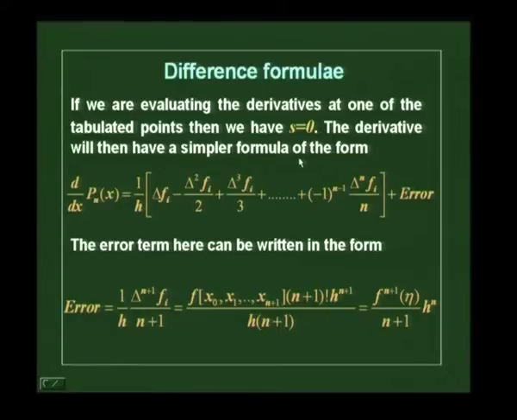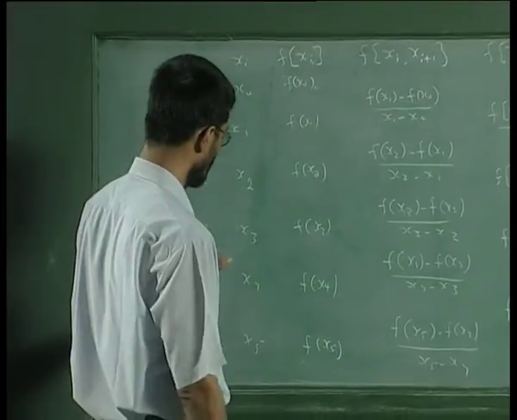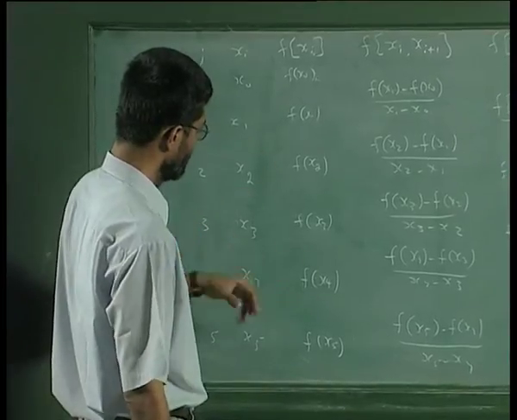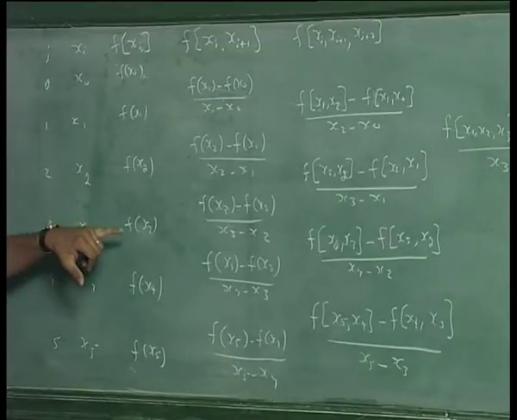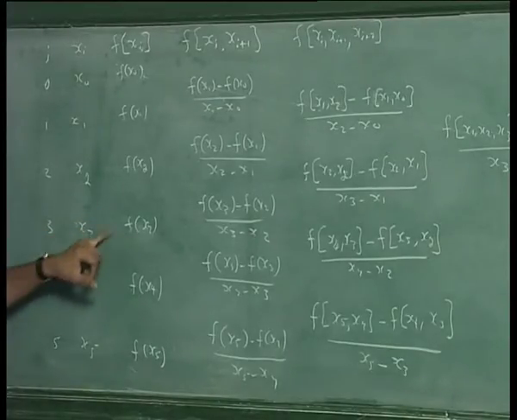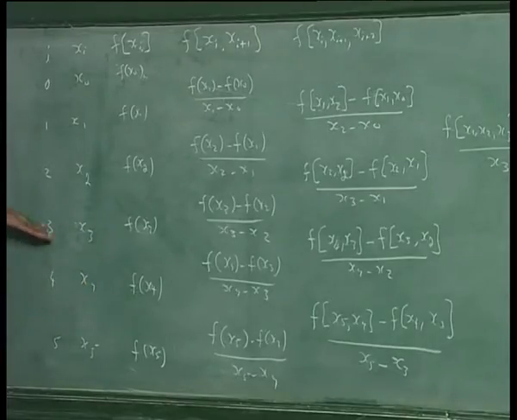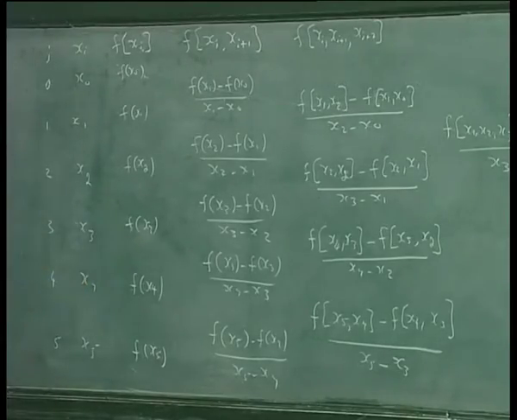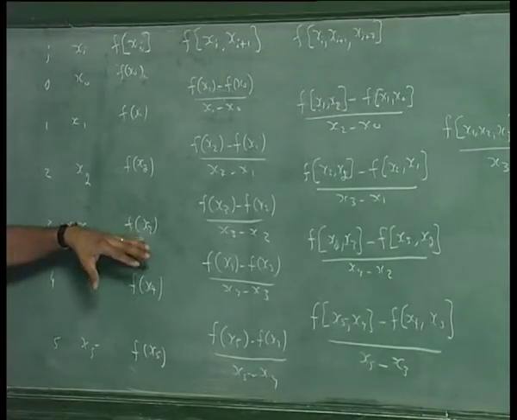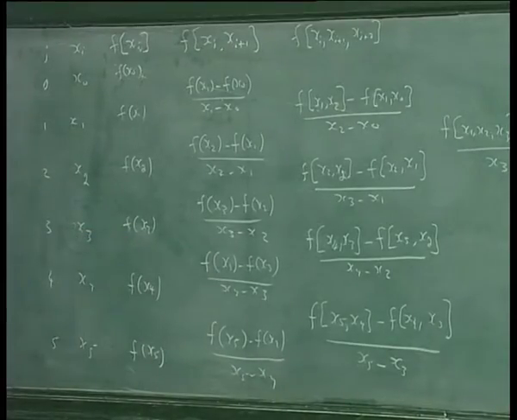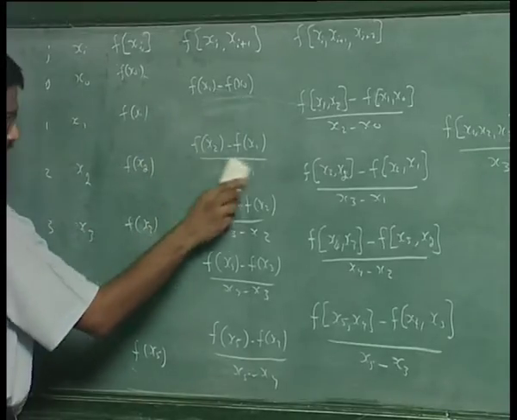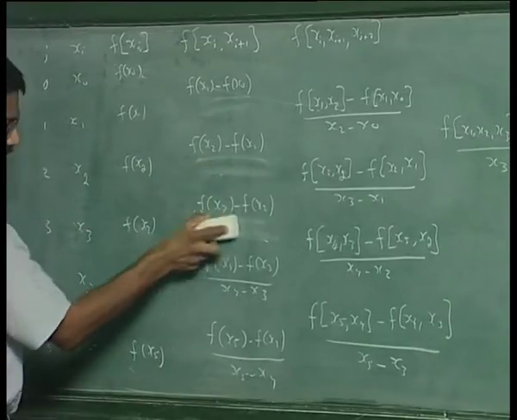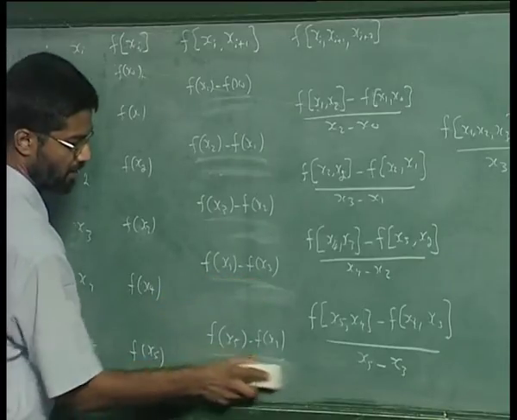That is, if I want to evaluate the derivative of the function at, let us say, x3, then I could enter the polynomial at this point and then look at what the derivative is. So, we will do this in the case where the points are equidistant. When the points are equidistant, we have seen that we do not need to write this difference formula in this fashion.